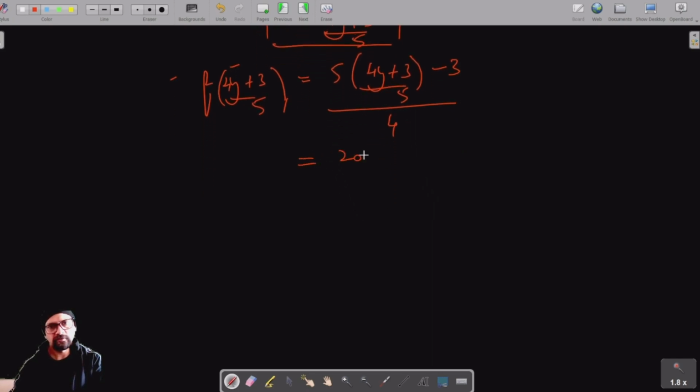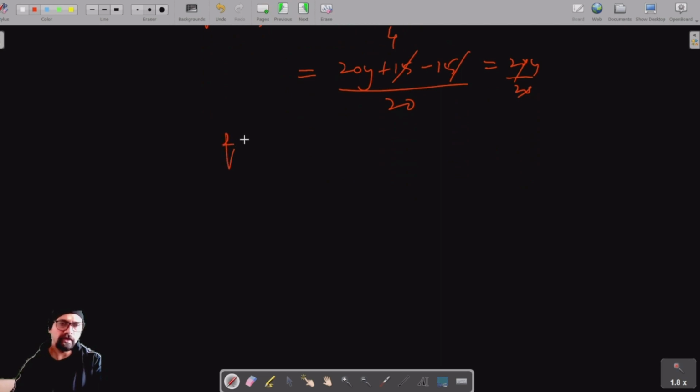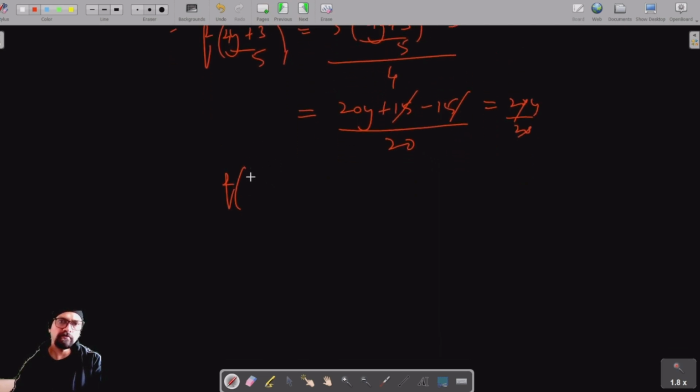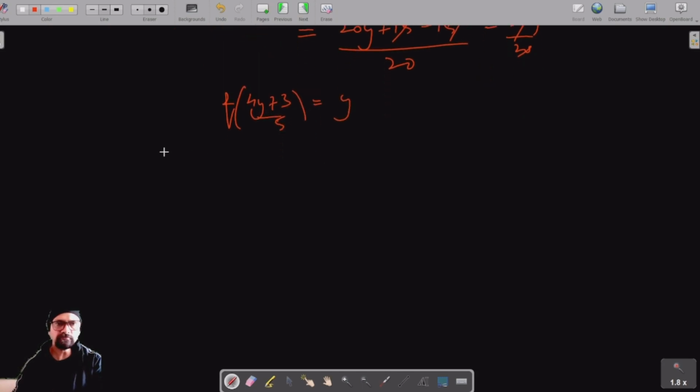And this is (20y plus 15 minus 15) upon 20. So this gets cancelled, and this is 20y upon 20, which is y. So that means for every x, that is (4y plus 3) by 5, there is a y.